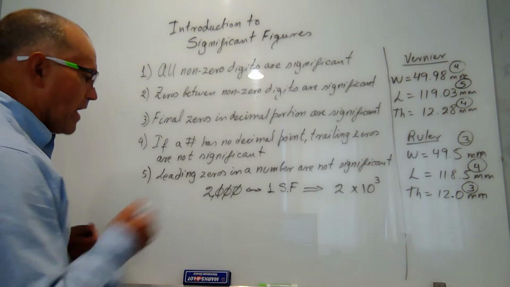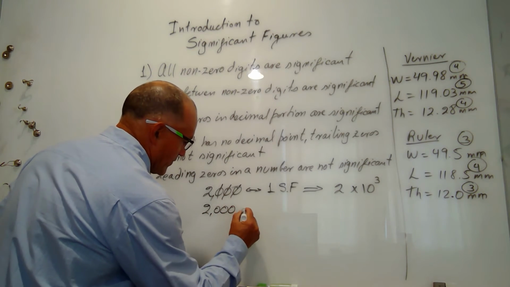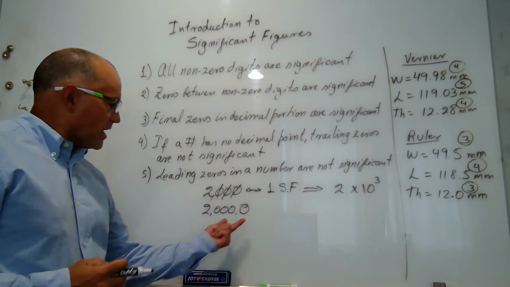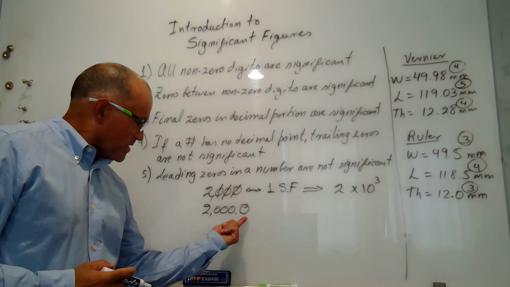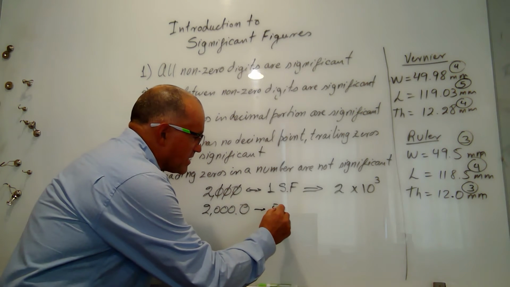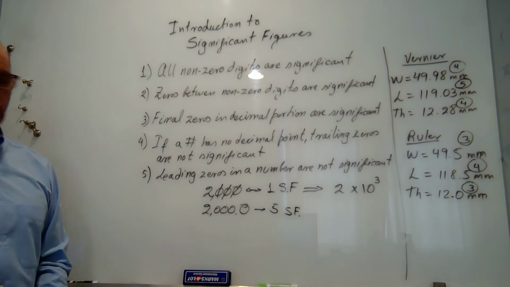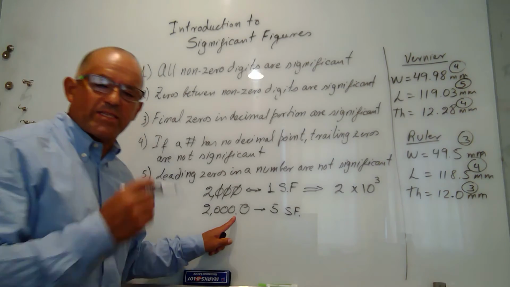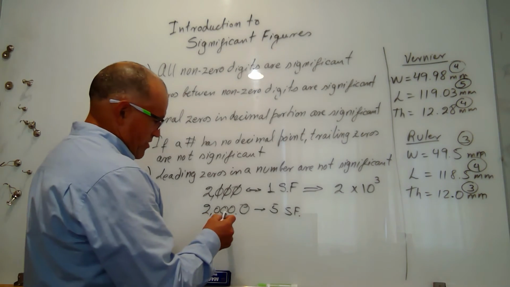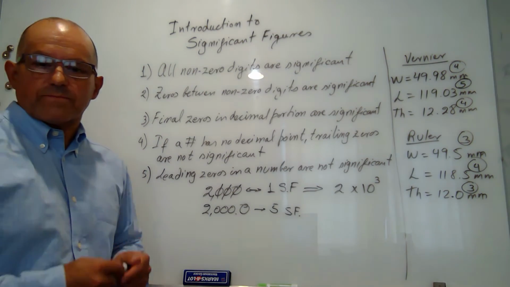If the number 2000 had a decimal point and a 0 after that, that means this number is going to have 1, 2, 3, 4, it's going to have 5 significant figures. I will not try to write this in the engineering notation.